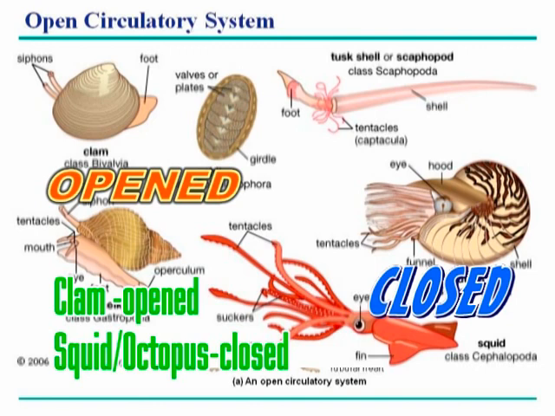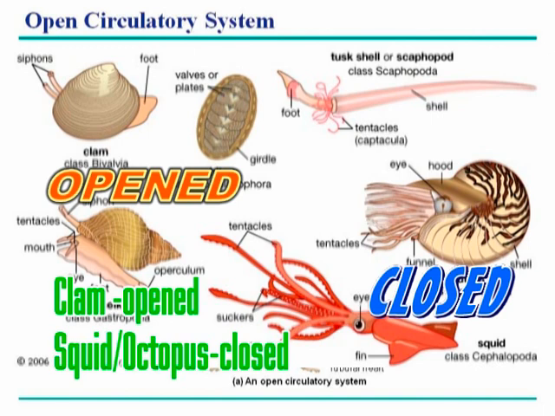Clams have an open circulatory system, and squid and octopus have a closed circulatory system.